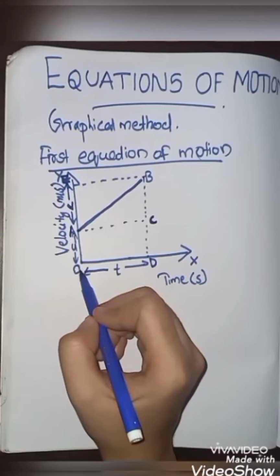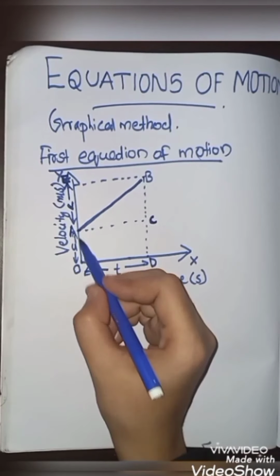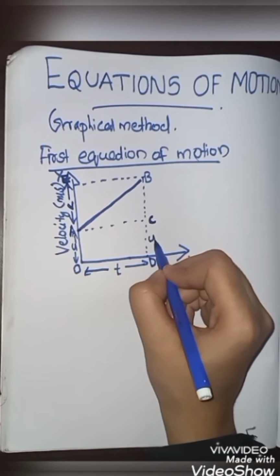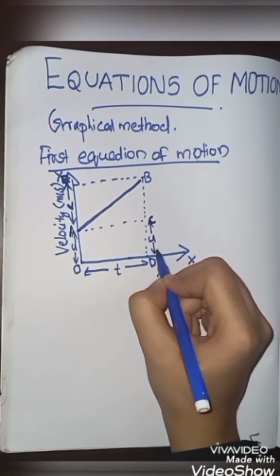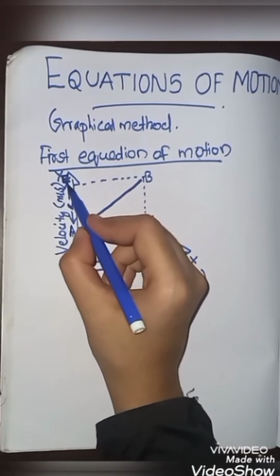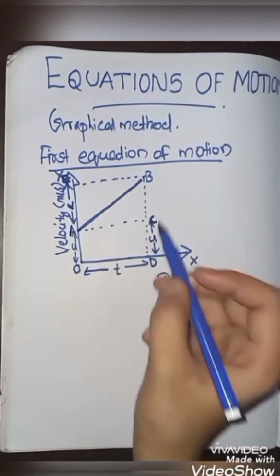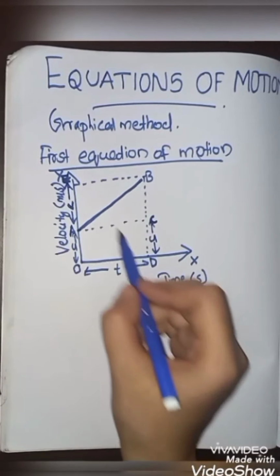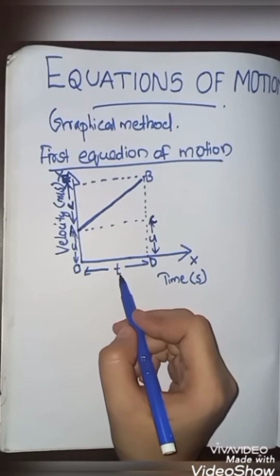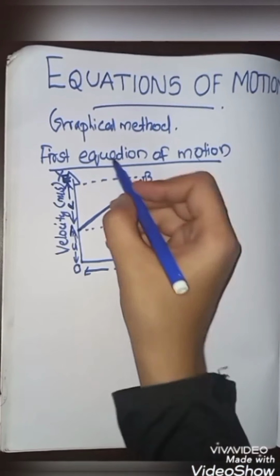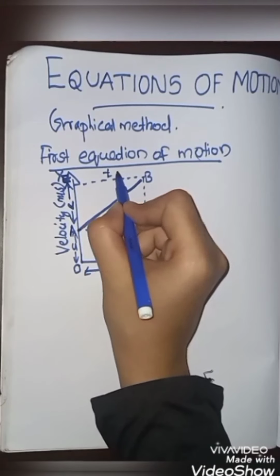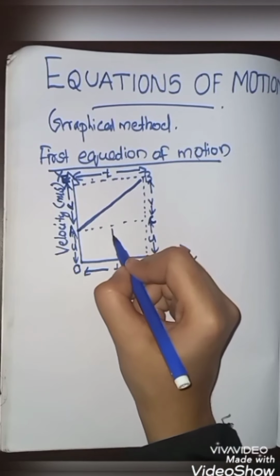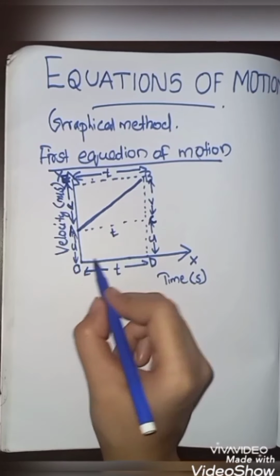OA is equal to CD, and this is also U. OD is equal to EB. Hope you understand that. The length is the same here. The length of OD is T, so EB is also T.